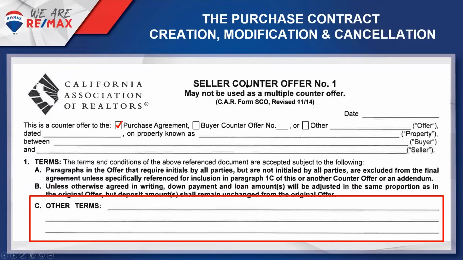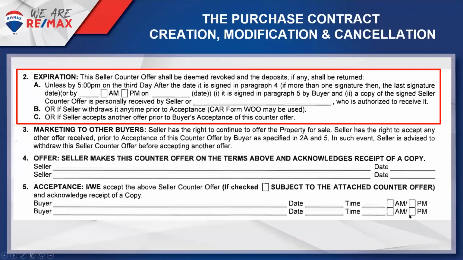Then, of course, the document where you list all the other terms, there's several blanks, of course, you can do that. All of you are familiar with that. Okay, now the expiration of this counteroffer, remember I told you all real estate contracts have to have a drop dead date. So counteroffers are the same way.